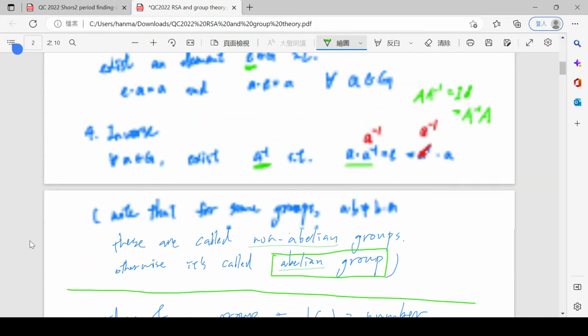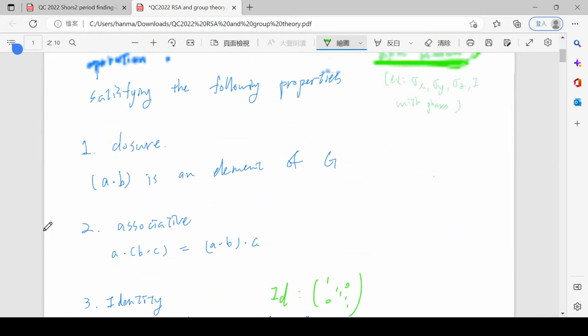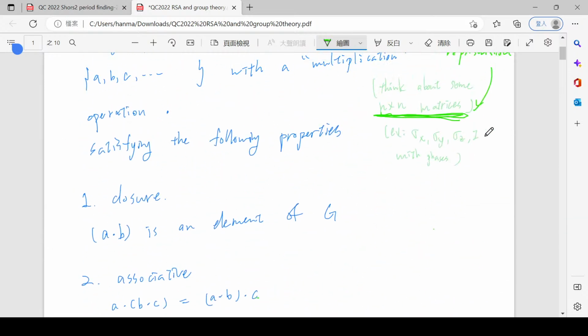Okay. So a very quick example of a group is the Pauli group. We have those three Pauli matrices and the identity, so we have sigma x, sigma y, and sigma z. Let's assume we ignore the phase, so matrices times a phase is the same matrix.